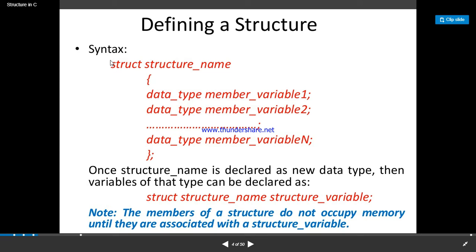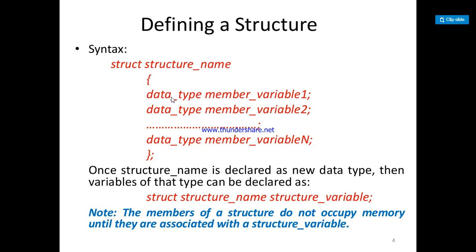Struct is the keyword to define a structure, and the structure name is the user defined name. Here we can assign more than one member, and we have to give the data type of each member.